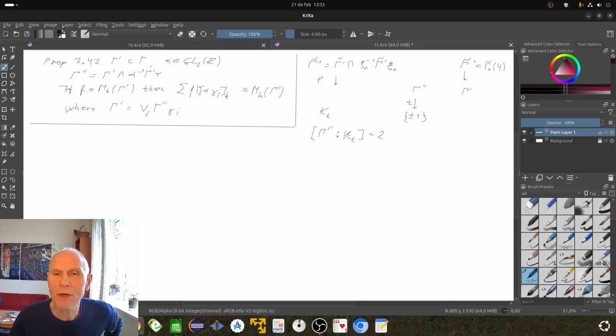And now everything becomes clear, and it's actually they already went through it in the book. So I'll just do an example where gamma prime is gamma 1 of level 4, and n is equal to 3.